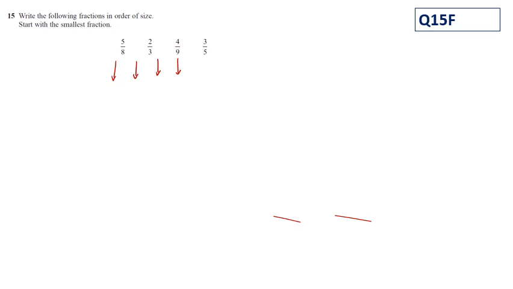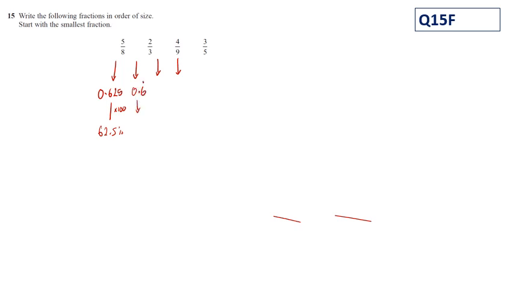So 5/8 as a decimal is 0.625. And if I times that by 100, I get 62.5%.